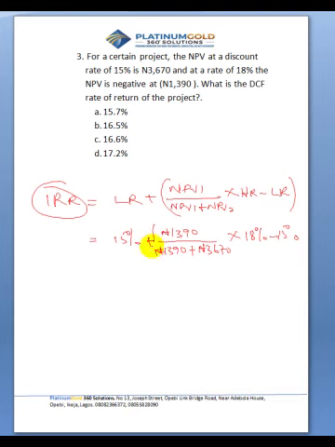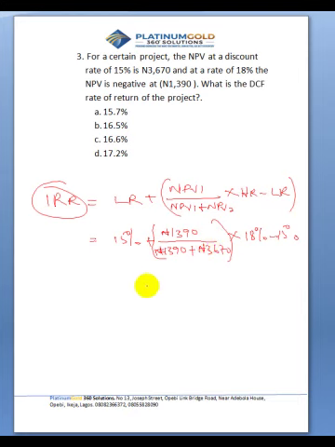Let's work this out. I want to work this out first. That is 1390 plus 3670, which gives me 5060. So 1390 divided by 5060 gives me 0.274.